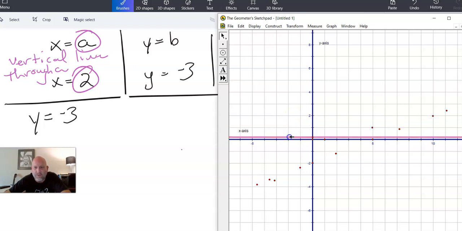If I move it down to y equals 0, that's the x-axis. So the equation of the x-axis is y equals 0. Down here is -3, so that would be the equation y equals -3. Everything that says y equals a number looks like the same line. It's just a matter of where you draw it.